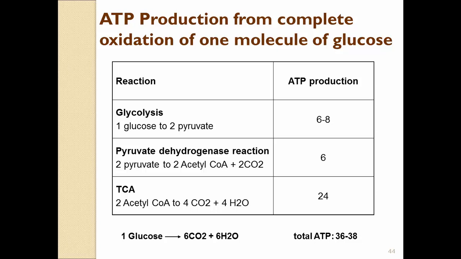Okay, so calculation of ATP production. We already know that under aerobic conditions, 6 to 8 ATPs are produced from glycolysis, right? Remember, from glucose to pyruvate.